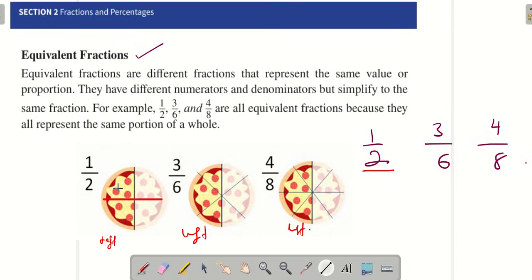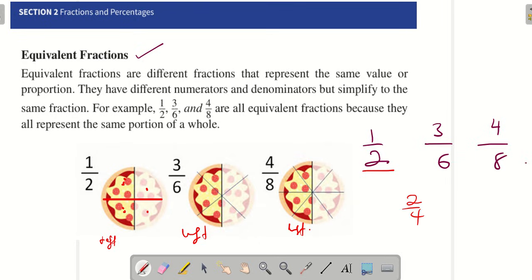So it becomes 1, 2, two portions of the entire four portions. It is now 2 out of 4. So we can even write it as 2 out of 4, and that is still another equivalent fraction.